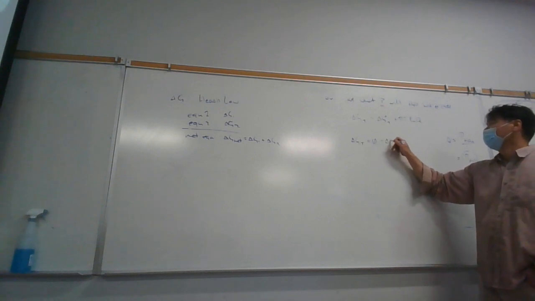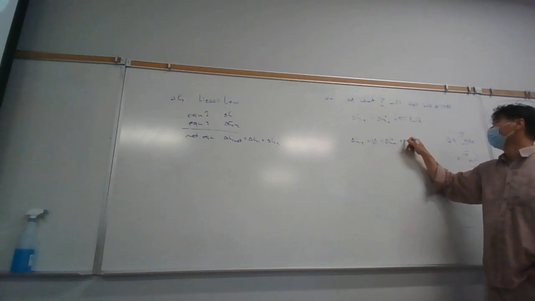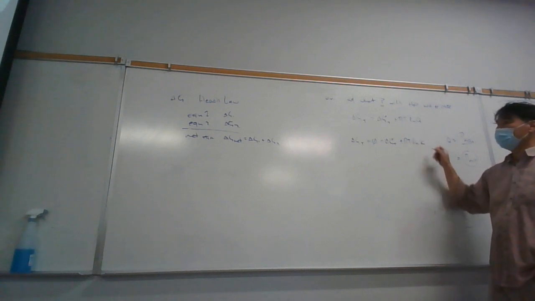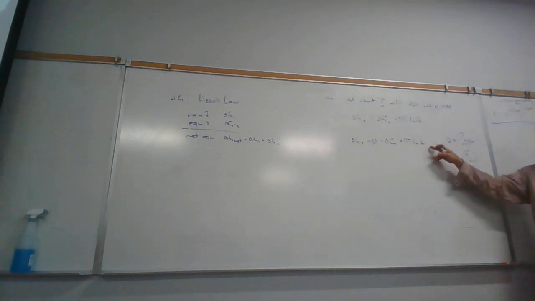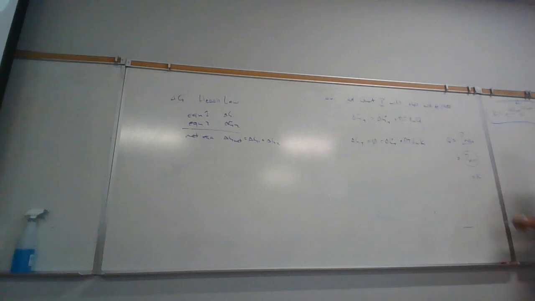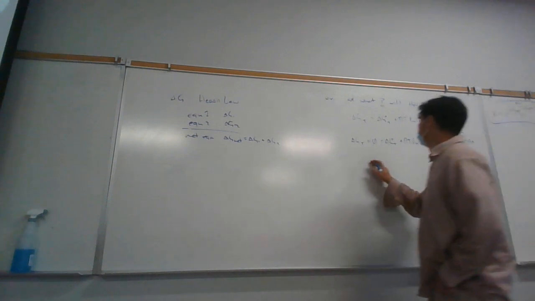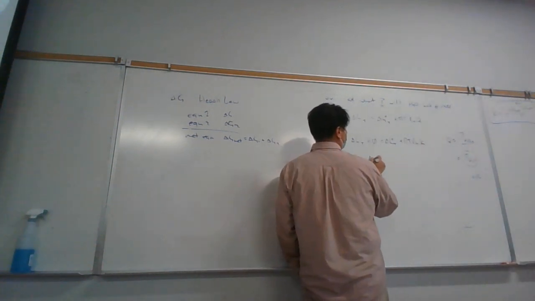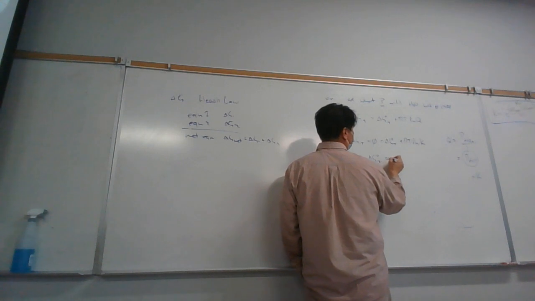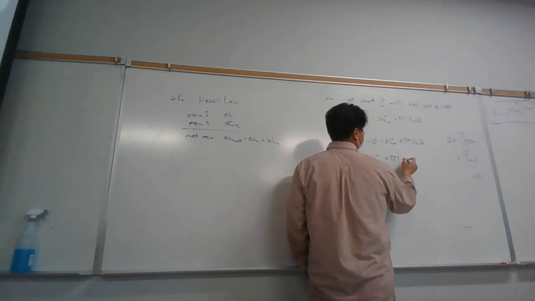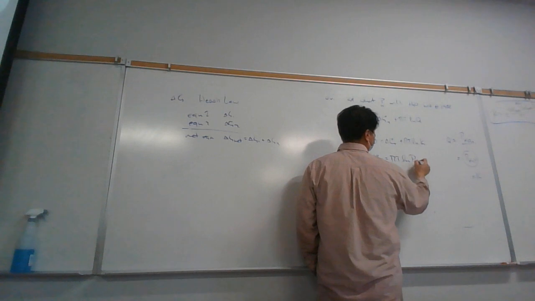This is going to equal delta G naught at temperature T plus RT ln of K. Now, Q is also equal to K because we want this to be at equilibrium, that is, we want this pressure to be at equilibrium with the liquid so that boiling occurs. Okay, so then that's just going to give us delta G naught at temperature T is equal to minus RT ln the partial pressure of H2O.